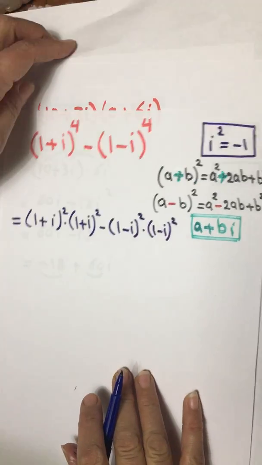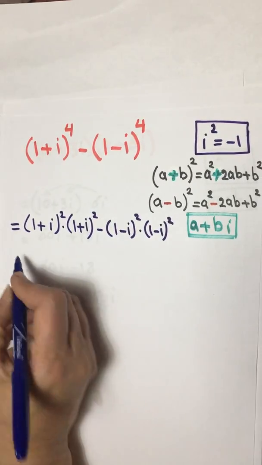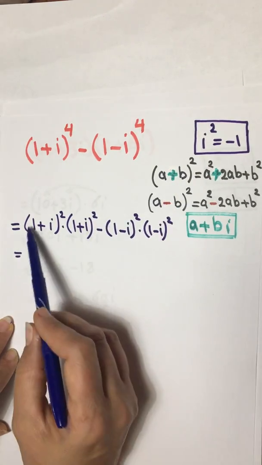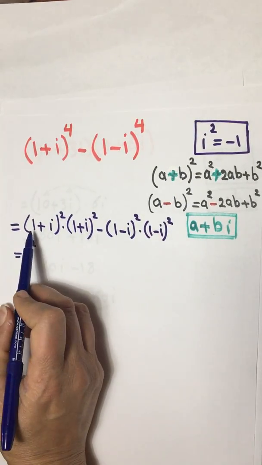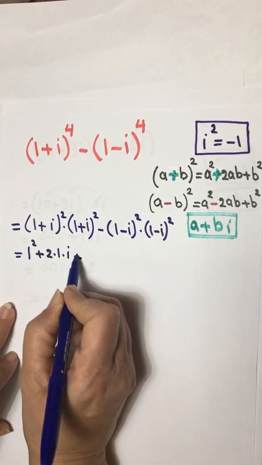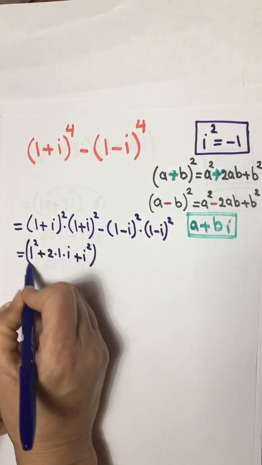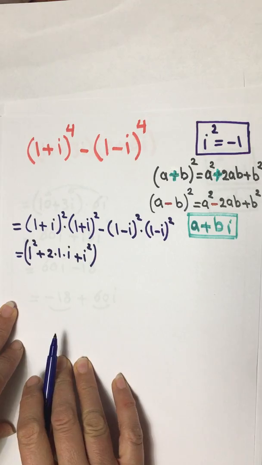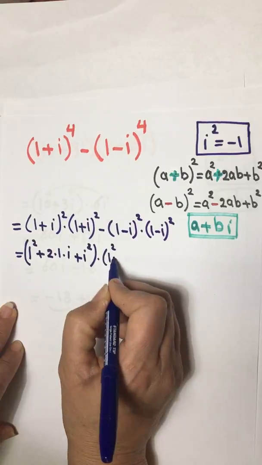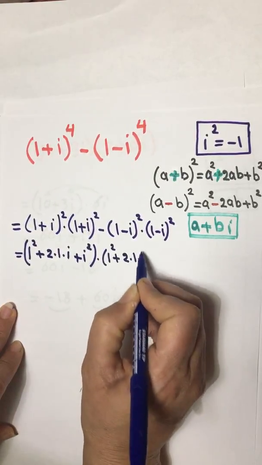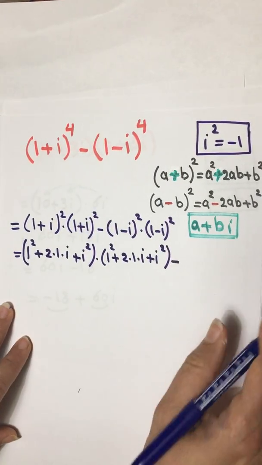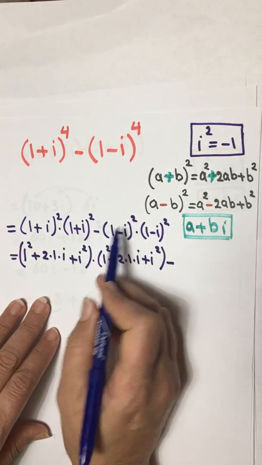Now for 1 plus I squared, I have A plus B squared. It's 1 squared, first term squared, plus 2 times 1 times I plus I squared. This is for the first parentheses. هذا القوس الأول. القوس الثاني مربع الأول زائد 2 في الأول في الثاني زائد مربع الثاني. Minus 1 minus I squared.